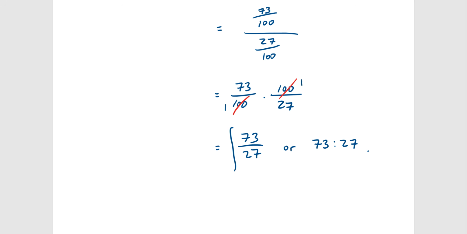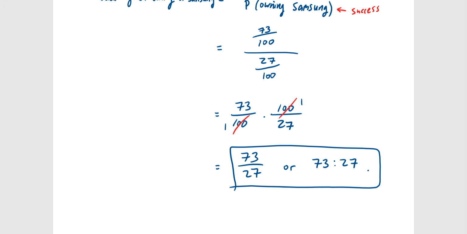The odds against one of these randomly selected users owning a Samsung would be 73 to 27. We could have recognized that these were equally likely outcomes because they both had a denominator of 100, because they were both percents. So we could have just done 73 divided by 27, and that would have been our answer right away.